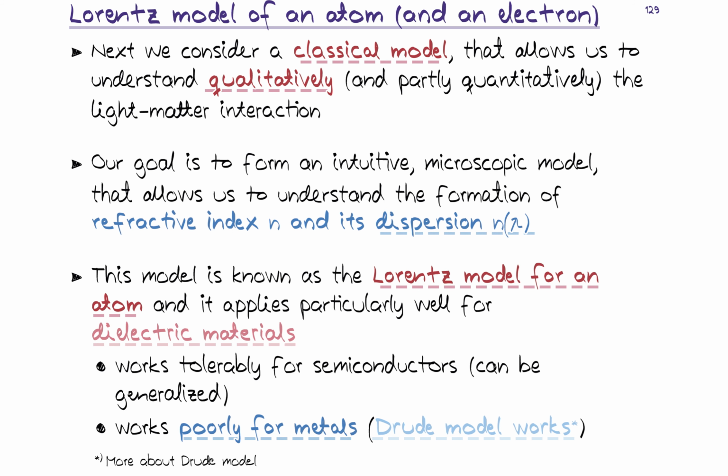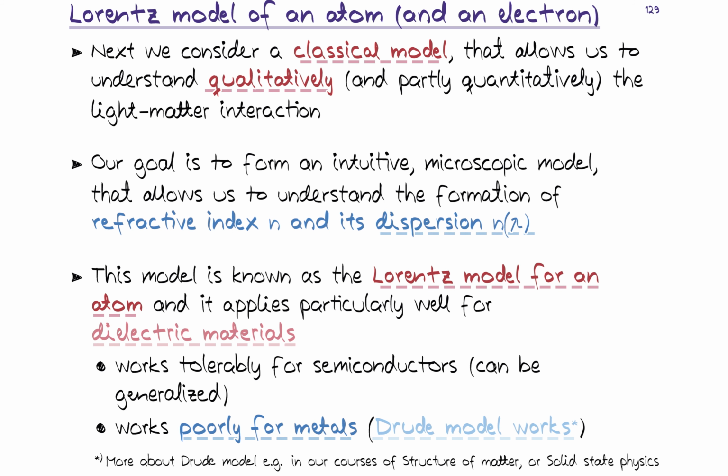And in case you're not familiar with the Drude model, it's essentially a free electron model, or it can be extended to also be a nearly free electron model that provides a better framework for how electrons respond in a metallic material. And more about the Drude model, of course, in our follow-up courses, or maybe you have already taken the structure of matter course, where I think we speak a little bit about the Drude model and the response of metals.